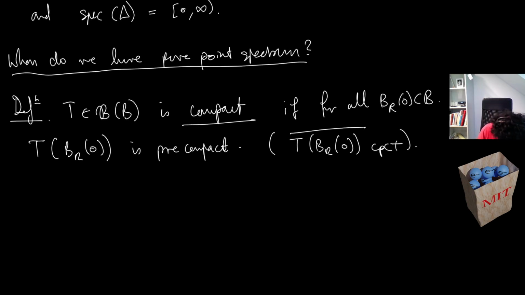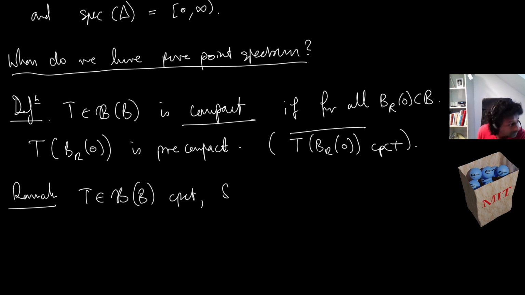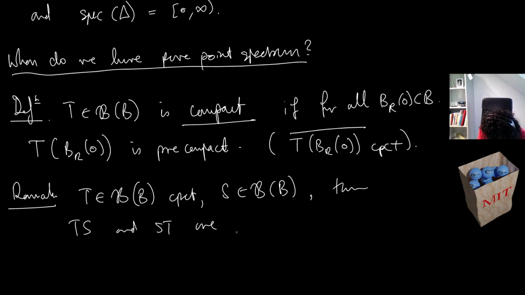So an important observation, a remark, maybe this should be a lemma, is that if T in B is compact, and S is some other bounded operator, just a bounded operator, then TS and ST are compact.